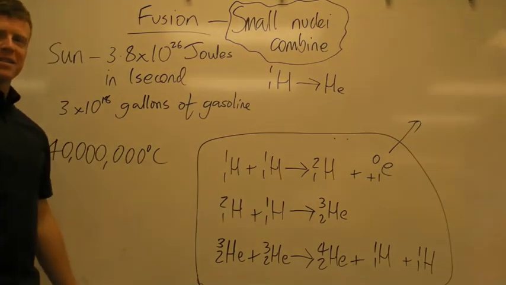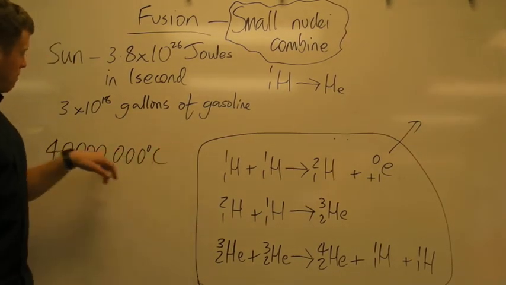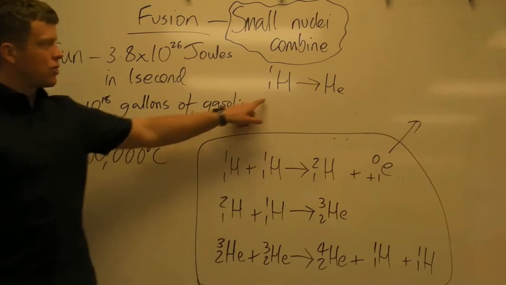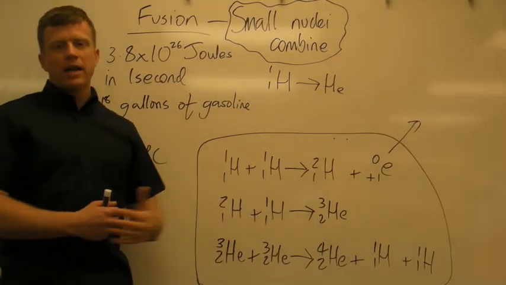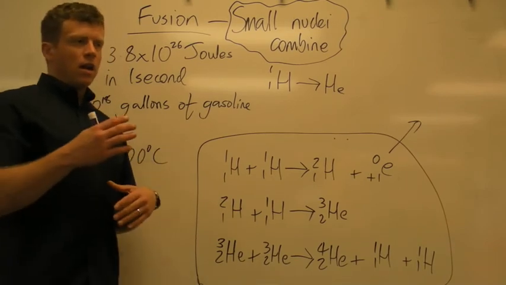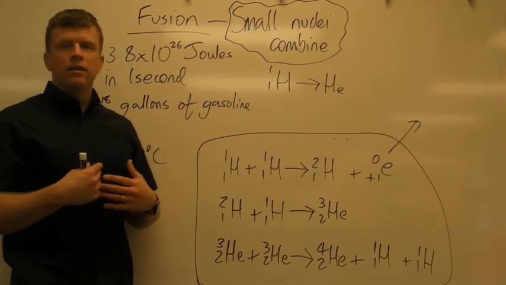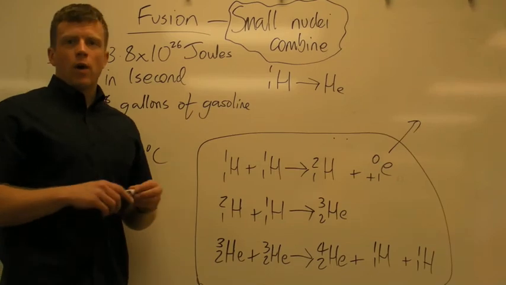Not that the sun thinks, but you know what I mean. You have a huge amount of energy needed to start the reaction, but once the reaction happens, even more energy is given out, and that's energy that we experience as heat and then light as well.